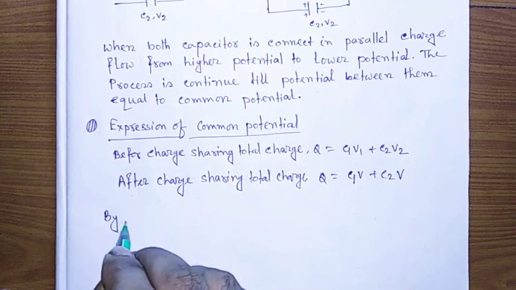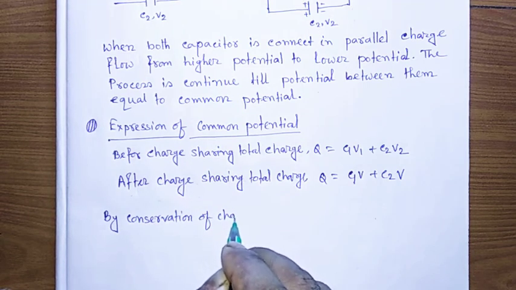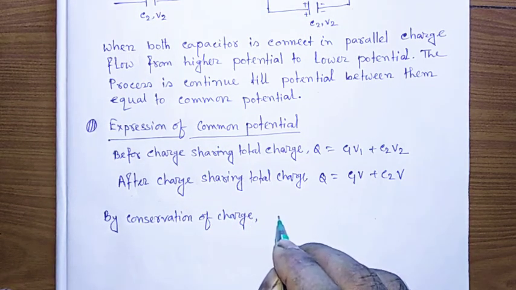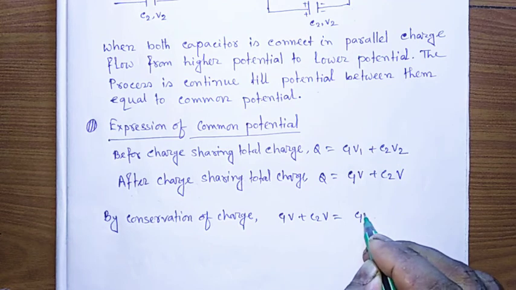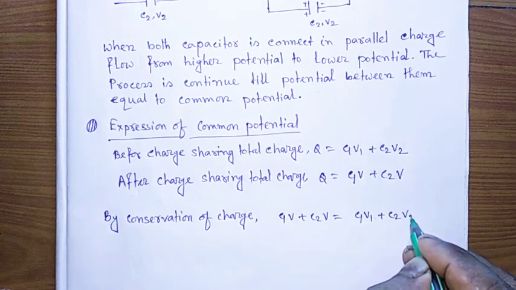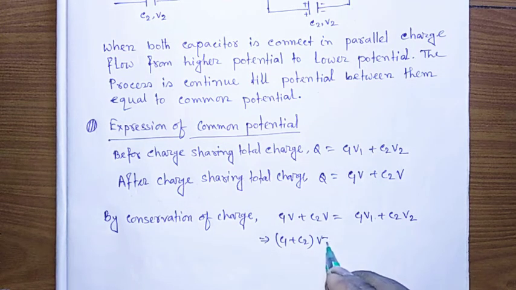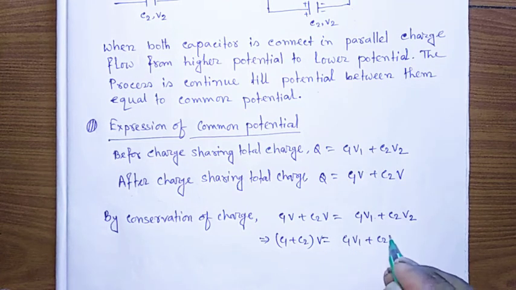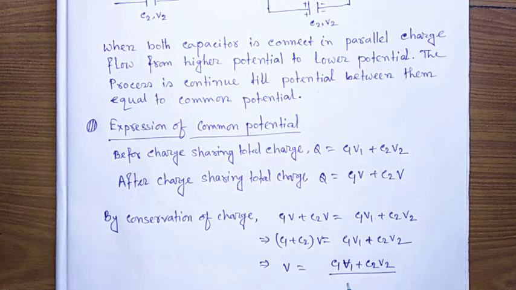By conservation of charge, we can write C1 V plus C2 V is equal to C1 V1 plus C2 V2, or (C1 plus C2) times V is equal to C1 V1 plus C2 V2, or V is equal to C1 V1 plus C2 V2 divided by C1 plus C2.